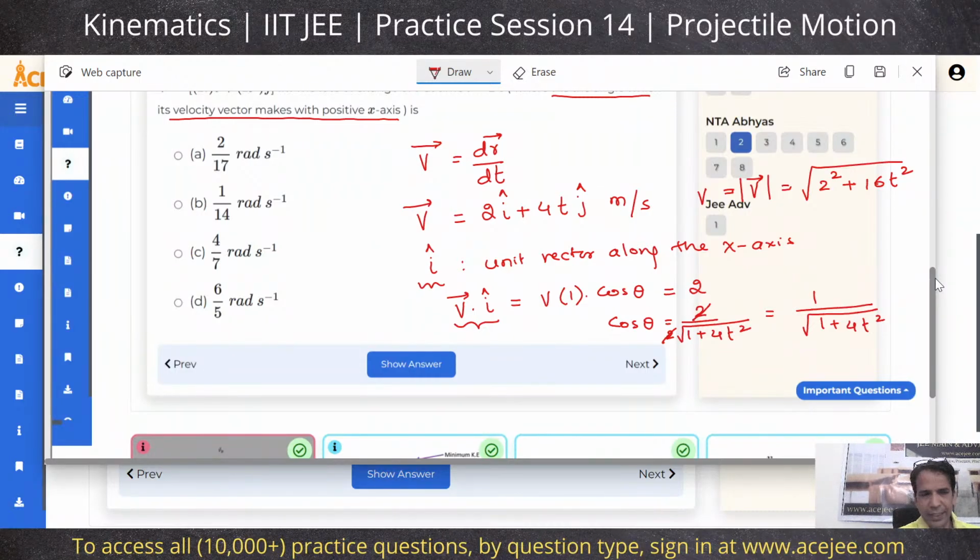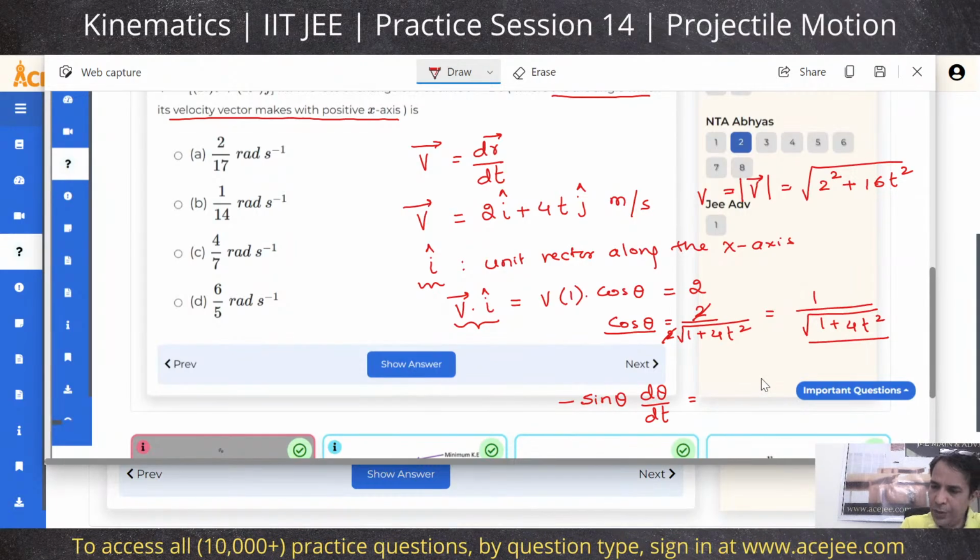By the way, what is the rate of change of theta here? Well, I'll not speculate. Let's go ahead and finish this calculation. If I differentiate both sides with respect to time t, what do I get? Minus sine theta into d theta by dt is equal to 1 upon square root of, let's differentiate that.